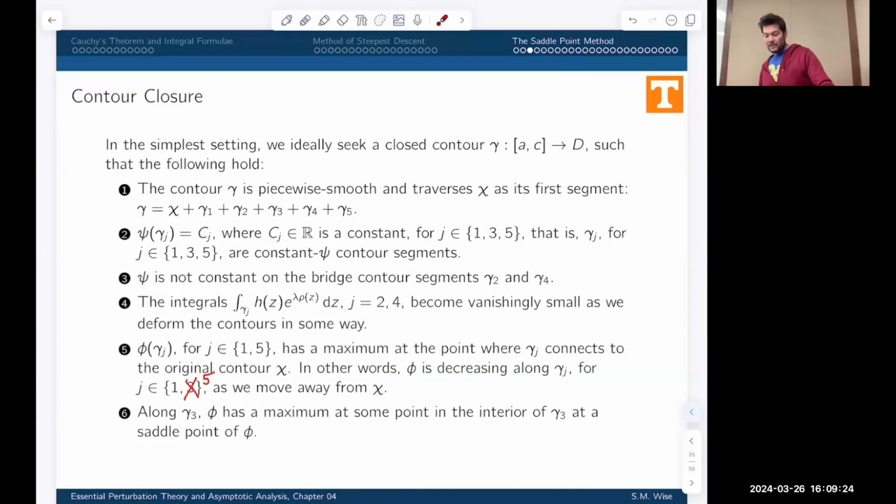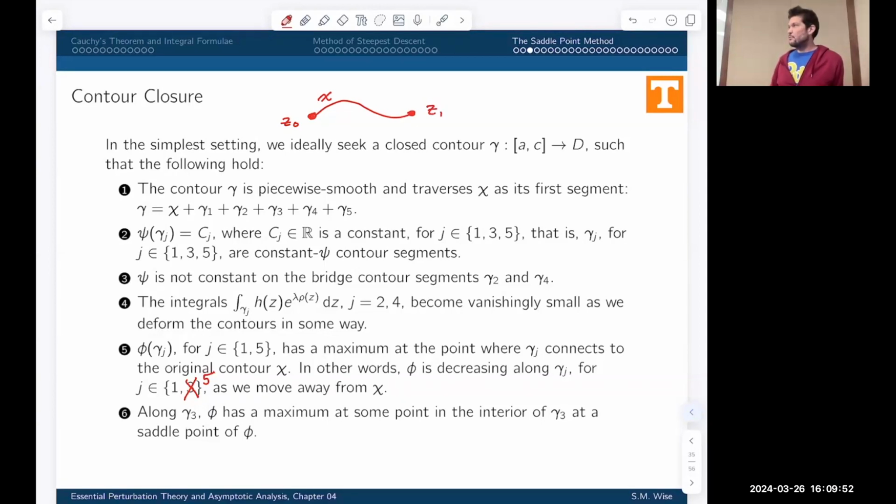So here's what we want to do. We have this original contour chi, as before. Now, in the two examples that I'm going to give, this complex contour actually is a contour in the real line. So it's a lot simpler than the general case. But in general, chi connects 2 points, z0 and z1 in the complex plane.